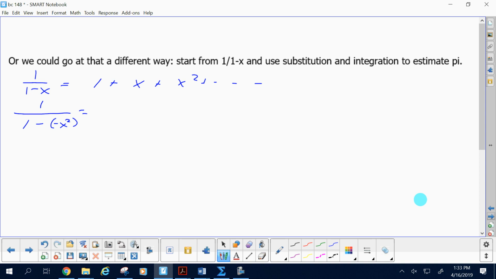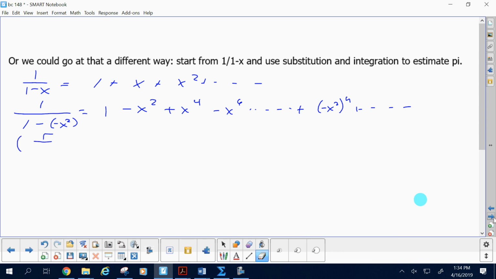So if I substitute in a negative x squared, that's 1 minus x squared plus x to the 4th minus x to the 6th. That then is negative x squared to the nth. Now that is the same as 1 over 1 plus x squared. Wouldn't you agree? So how do you reckon we get to our tangent?